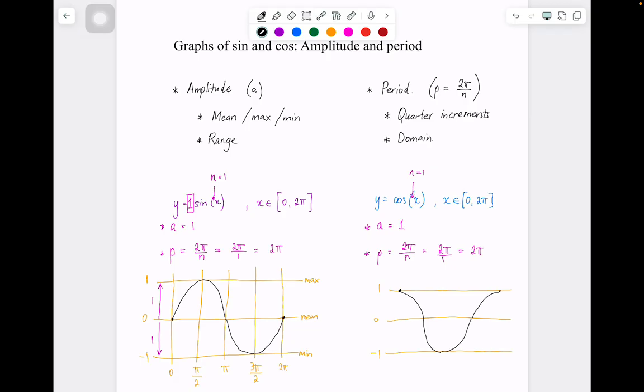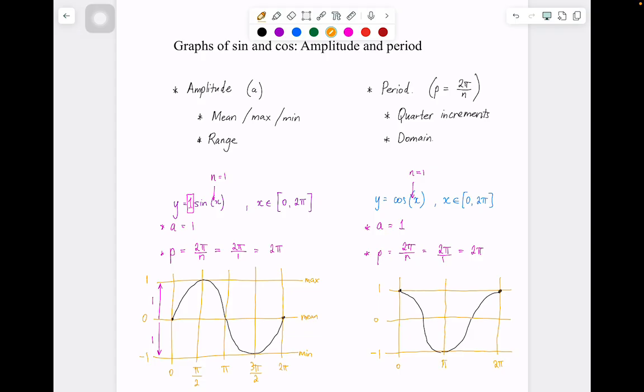Let's draw up our mean line. We have a mean line of 0. And because our amplitude is 1, our maximum line will be positive 1. Let me draw those lines again. Positive 1.